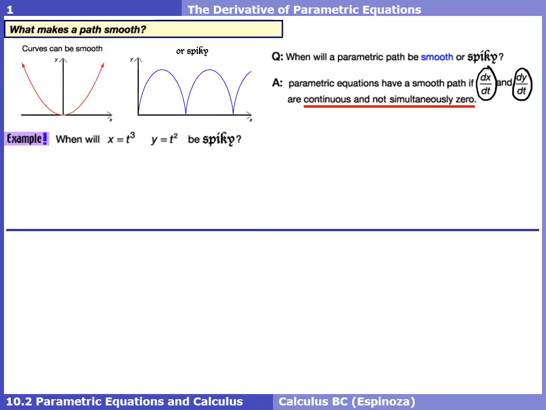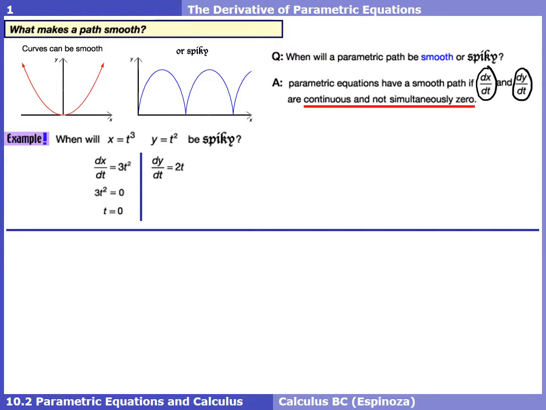What we need to do then is to take the derivative of both of these separately. dx/dt, the derivative of our x equation with respect to time, is a nice easy derivative. Don't overthink that. It's just 3t squared. dy/dt, on the other hand, is just the derivative of our y equation with respect to time. Again, don't overthink that. That's just 2t.